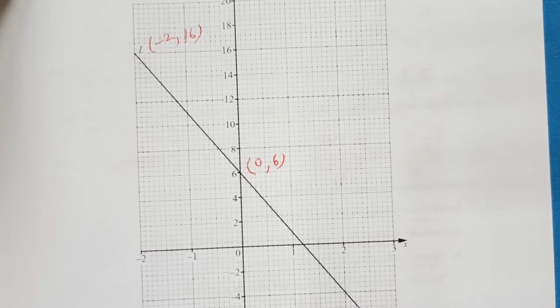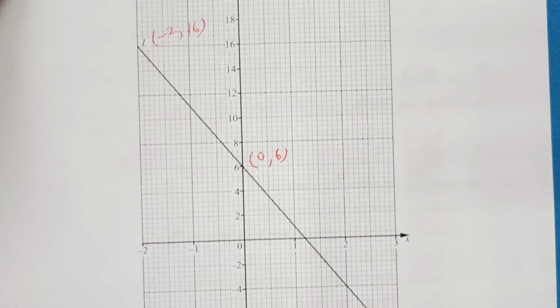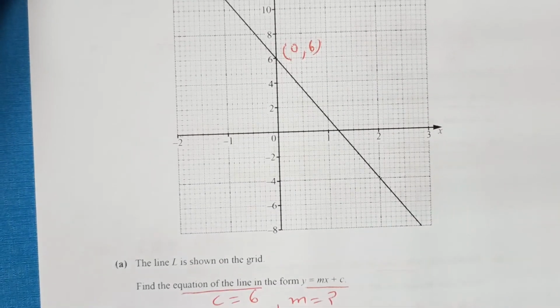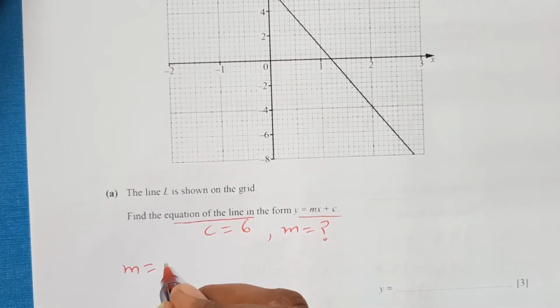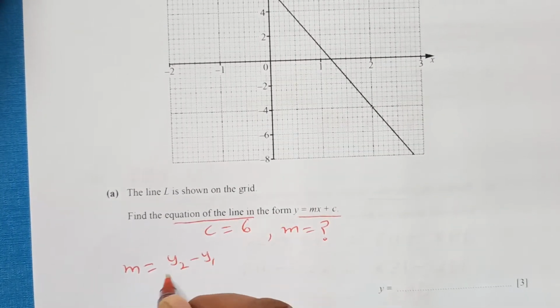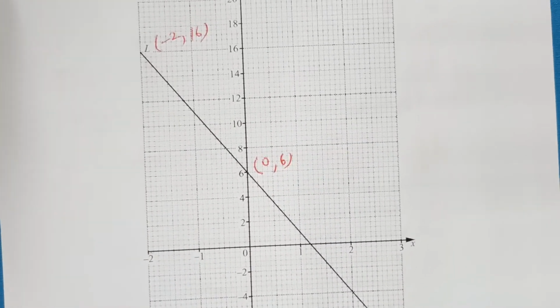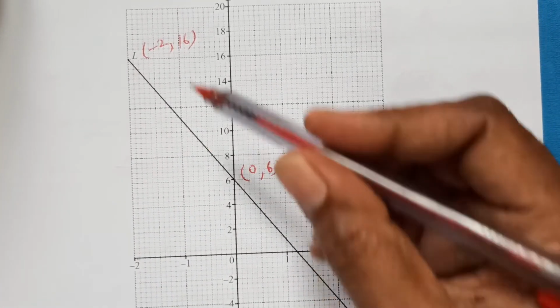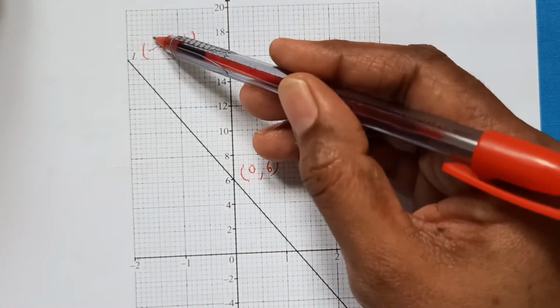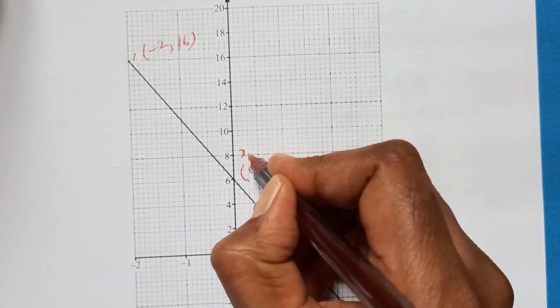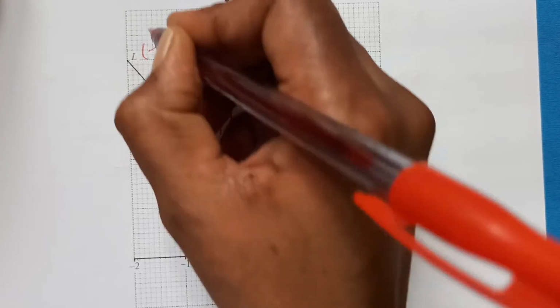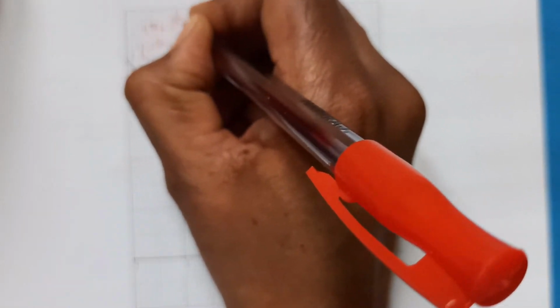To find the gradient, we will take y2 minus y1 over x2 minus x1. This is x1, y1 and this is x2, y2.